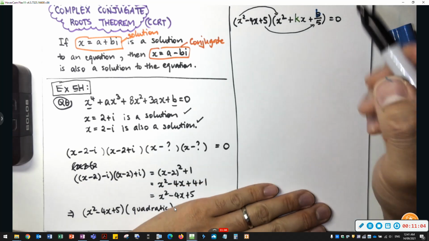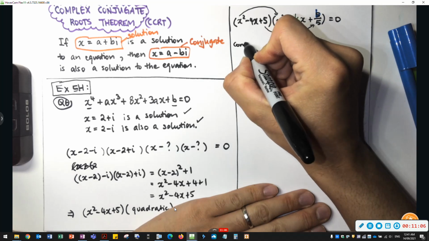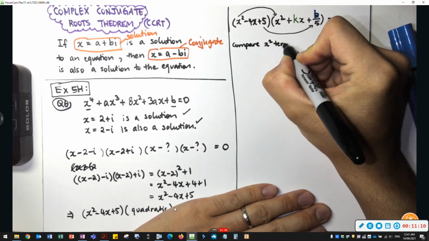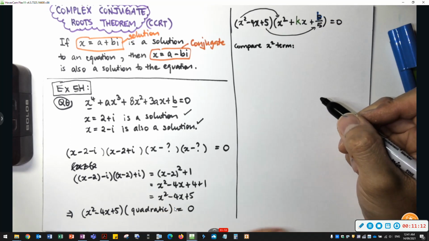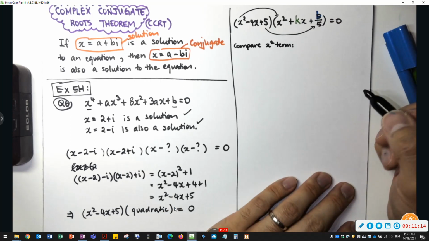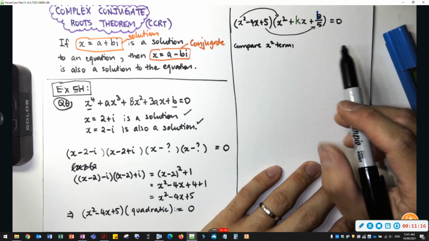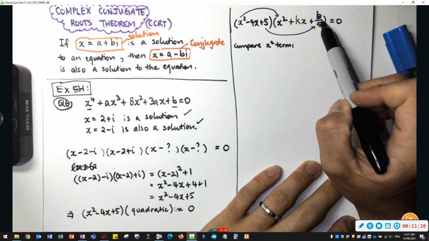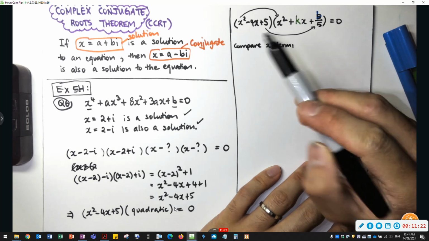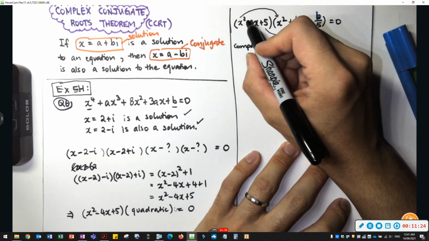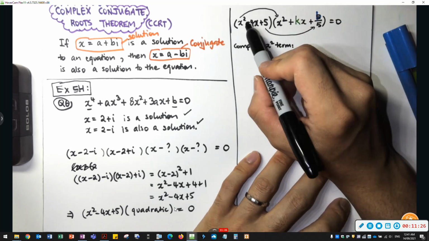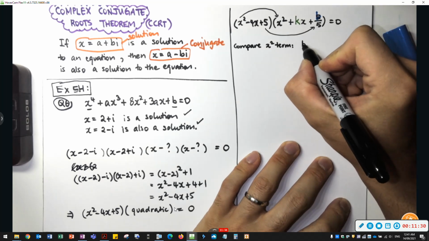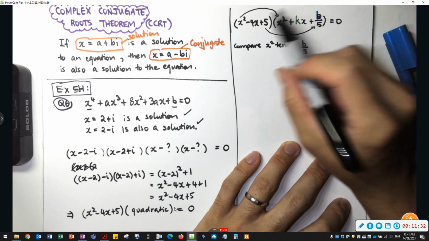So I'm going to compare the x squared terms. Hopefully that'll give me one of the values, maybe not. Let's just see. To get x squared, I'll need this squared term and the constant. So I'm going to get x squared times b on 5. Now I don't care about the x squared, I just need the coefficients, so I'm going to get b on 5. That's one way to do it.